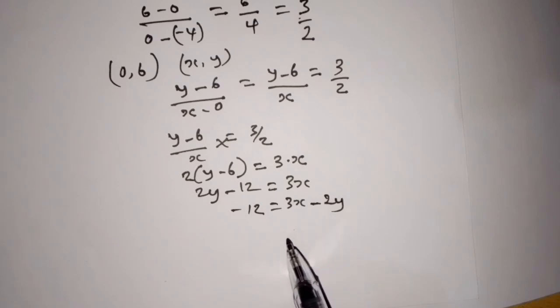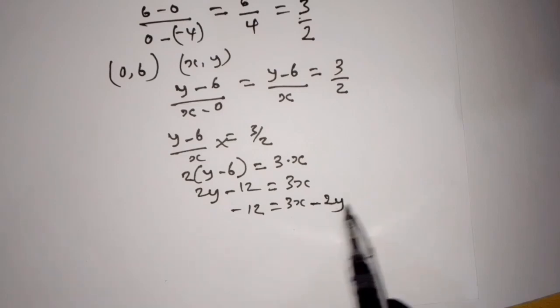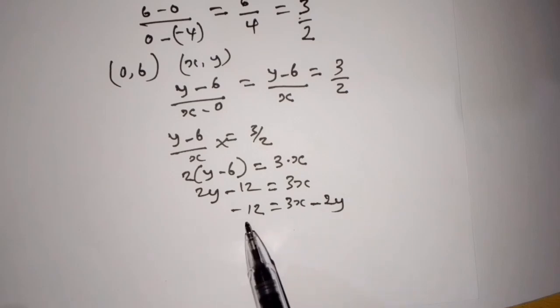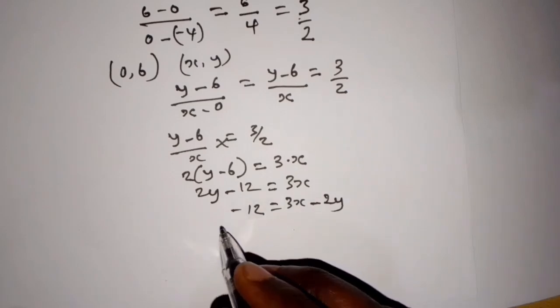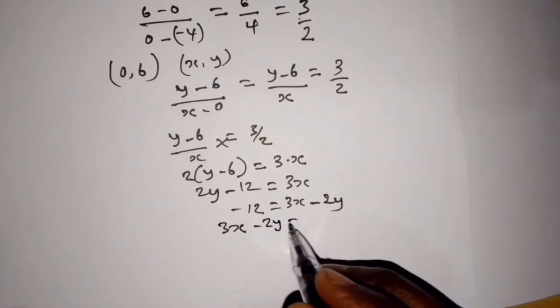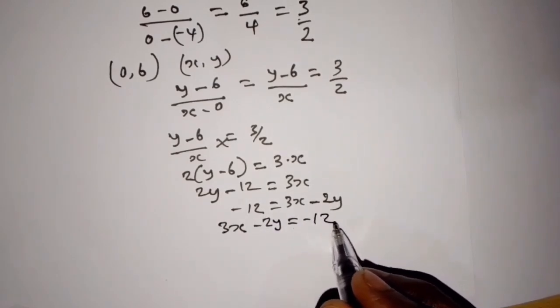So now we want to form our equation here to solve this problem. So this is 3x minus 2y is equal to negative 12.